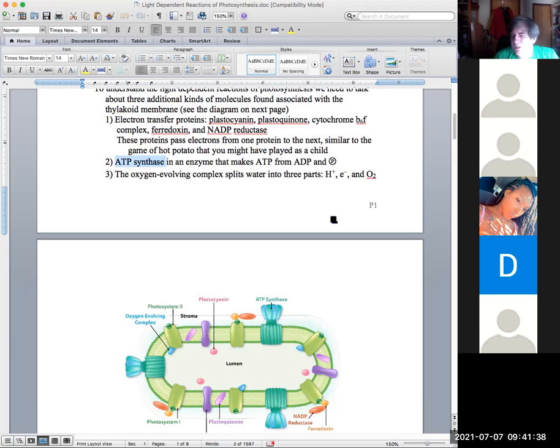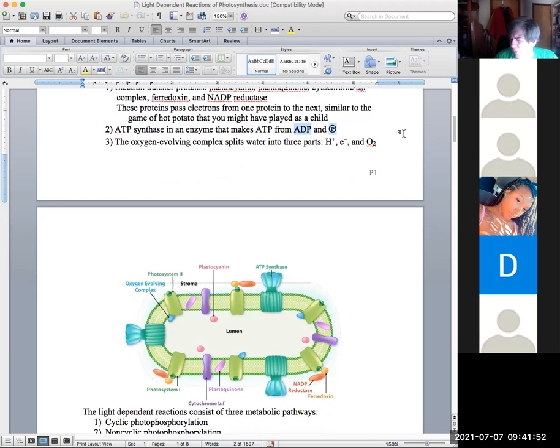It's going to make ATP from the two reactants of ADP and a phosphate group. And usually for a phosphate group, we just abbreviate it with a P with a circle around it. We don't like to write a plain P because that's phosphorus.